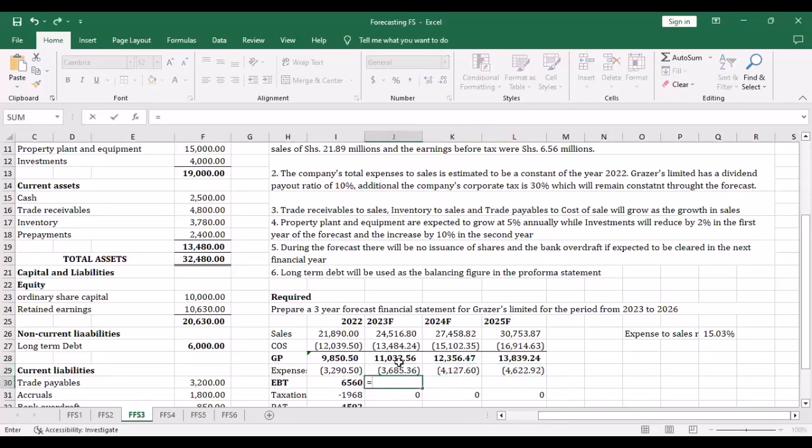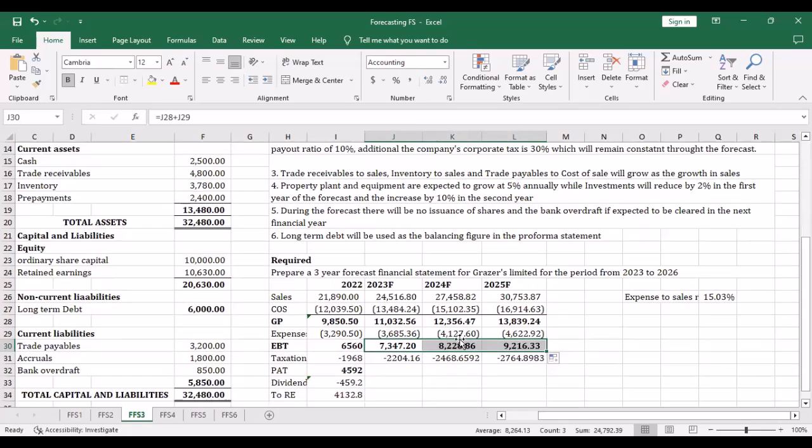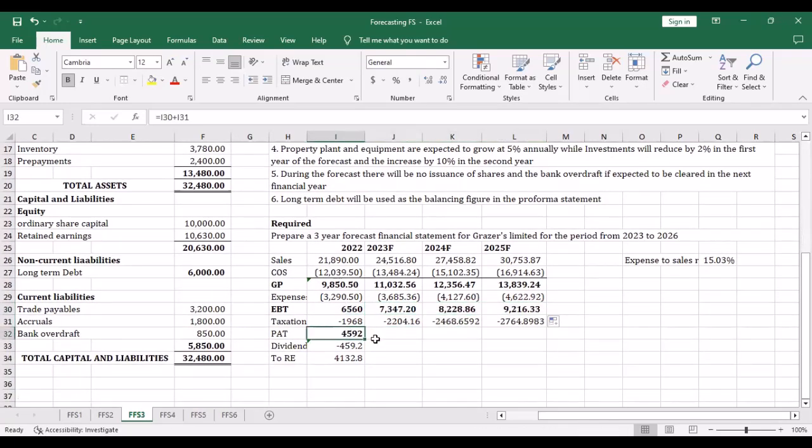Then for the gross profit margin, of course, the earnings before tax should be this one plus, sorry, because this one is negative, plus this one here. Control enter. Then I just have to drag. And taxation will be automatic. Also this one was just an addition there.